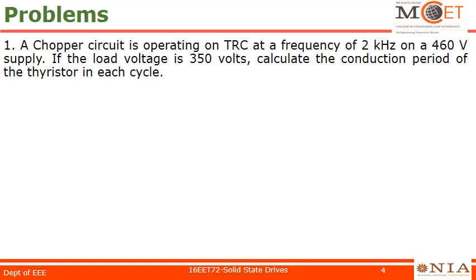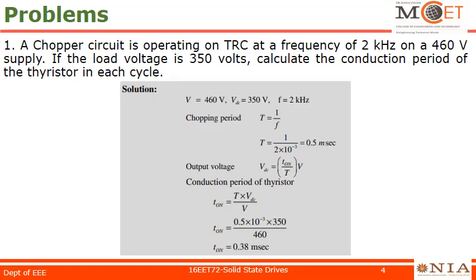Here we don't know the duty cycle. If we know the duty cycle, we can calculate the T on period, that is the conduction period. Since we know the output voltage and supply voltage, we can find the duty cycle, with which we can find the final T on time.